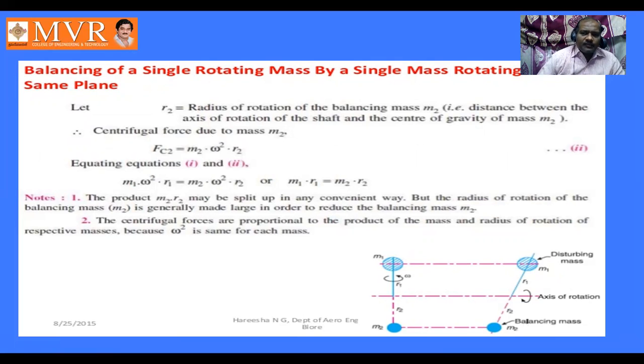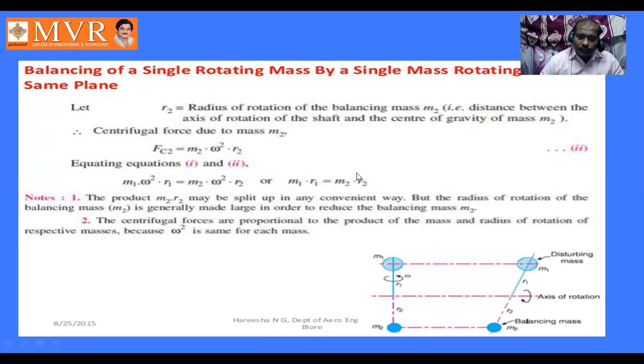Then, equating equations 1 and 2: m1 omega square r1 and m2 omega square r2. As angular velocities are constant, the parameters are m1 r1 and m2 r2. If m1 and r1 are known, m2 is unknown and r2 is known, then m2 can be calculated to bring the system into a balanced state.